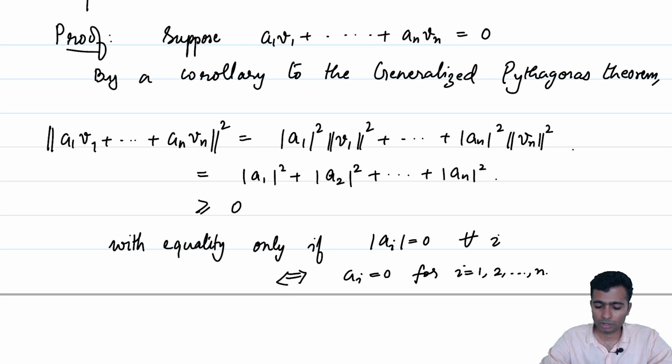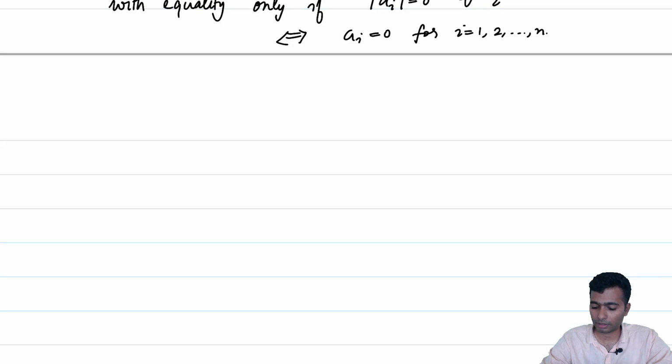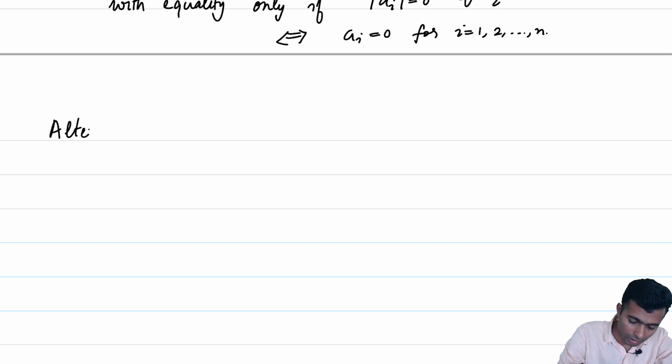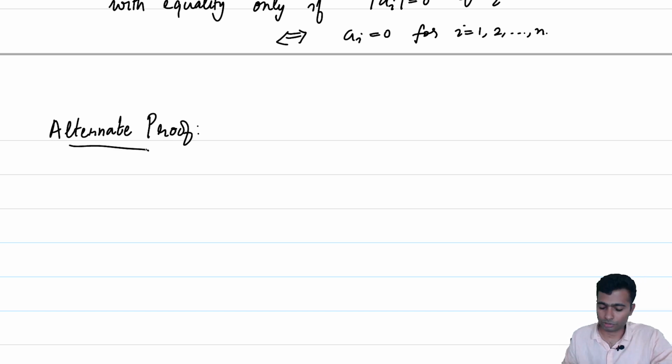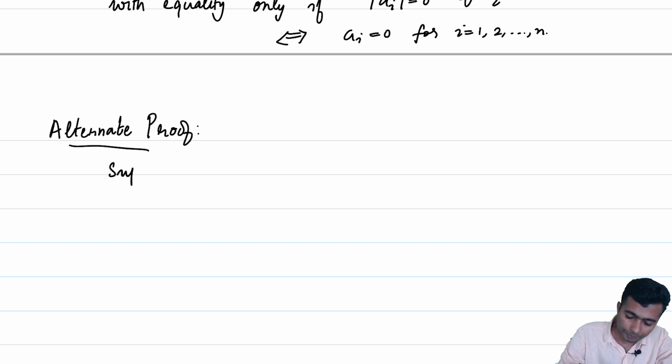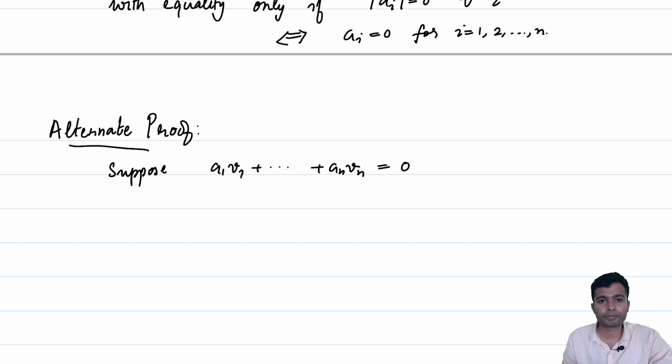So just to show you that the operation of inner products and the various consequences are powerful, let's look at an alternate proof, which is not as elegant, it's just that we can see that there are multiple approaches. So suppose again a1 v1 plus up to an vn is equal to the 0 vector.